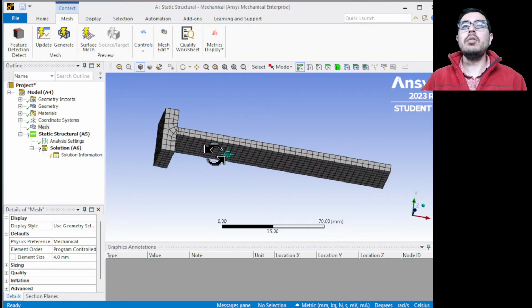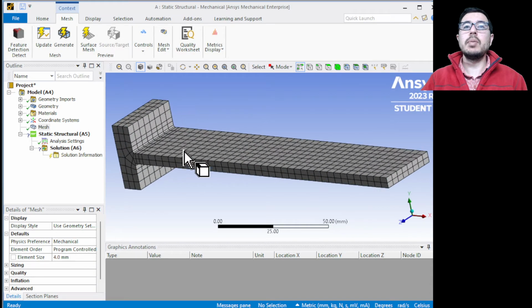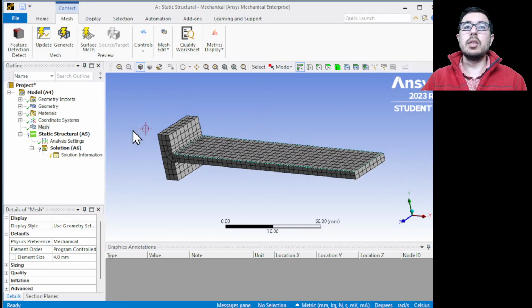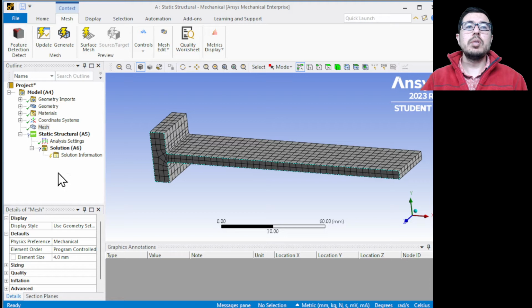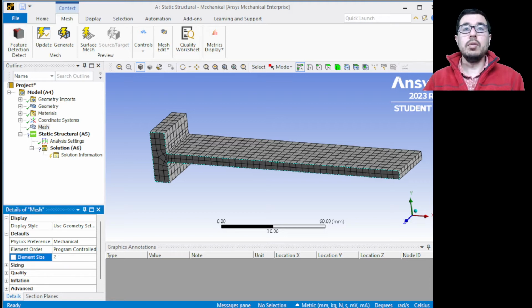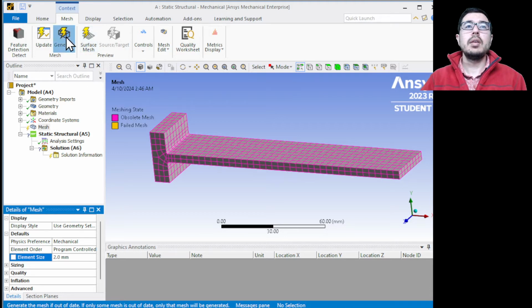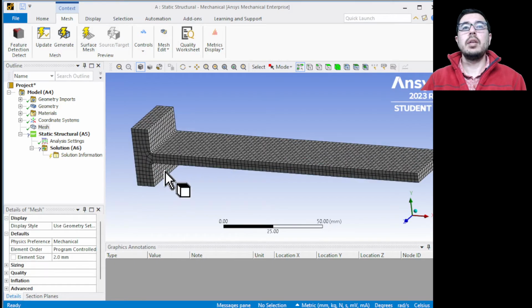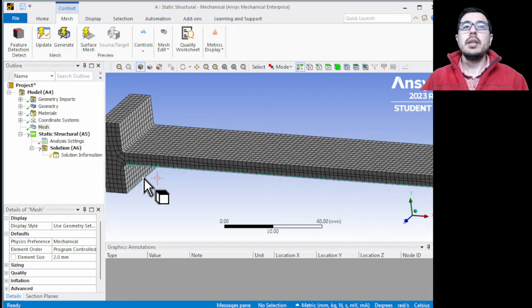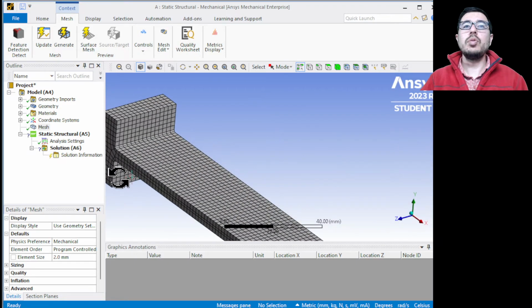Okay, so that's a little bit big, especially if we want to get into that stress concentration. We'll go smaller, so let's go down to 2. And we'll generate, like that. Okay, that's not too bad.